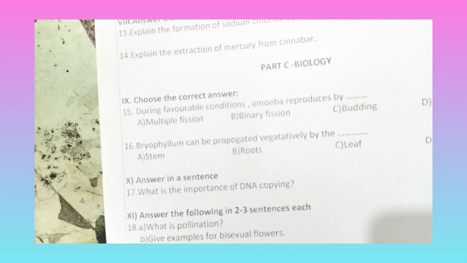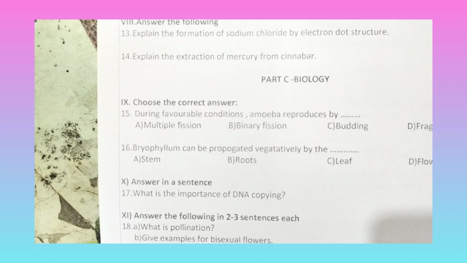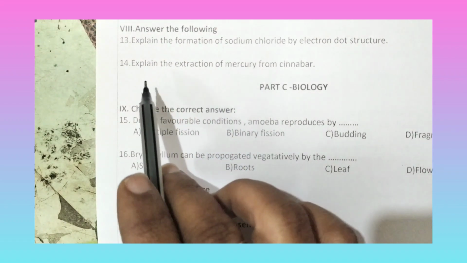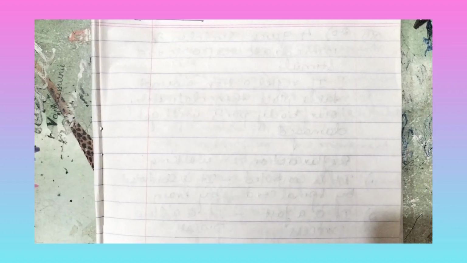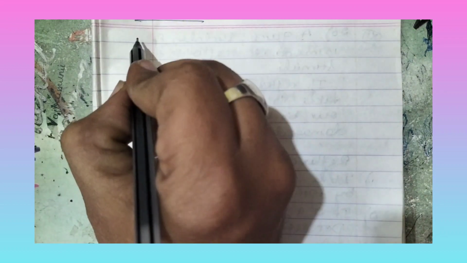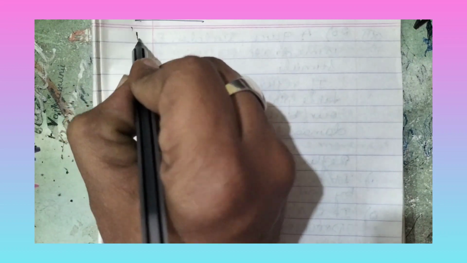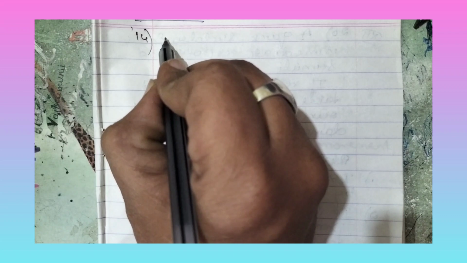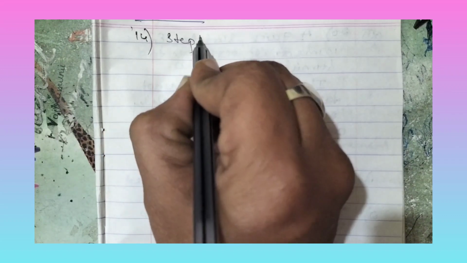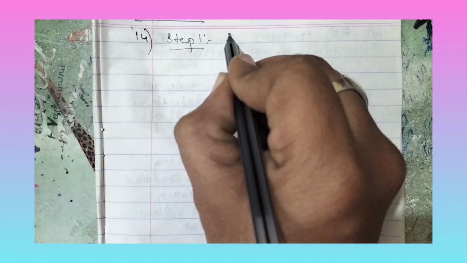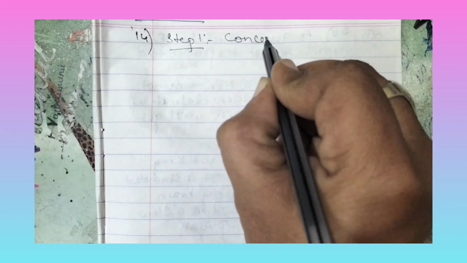Now let us move to question number 14, the last question of the chemistry part: explain the extraction of mercury from cinnabar. Step number 1 is concentration of ore.